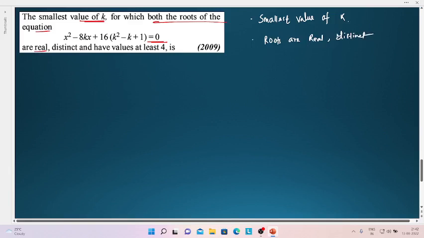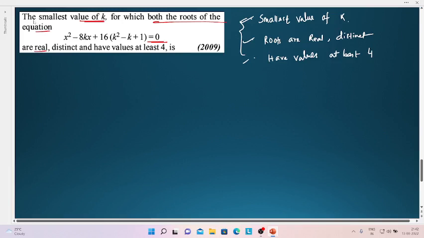And the third condition is that the roots have values at least 4. So there are basically 3 main conditions, and also the given quadratic equation, right?